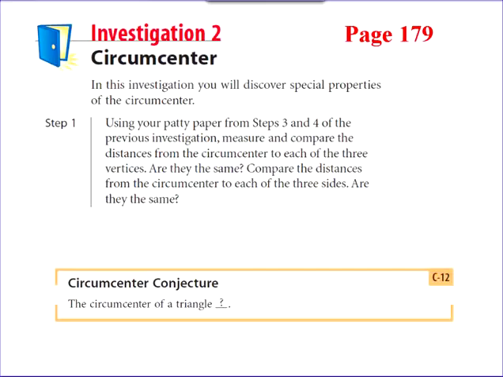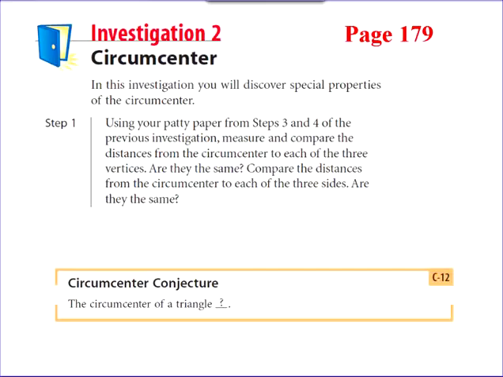Meanwhile, while one person is measuring, I need you to grab a compass. Just one. What do you notice about all of the measures? They're all the same.